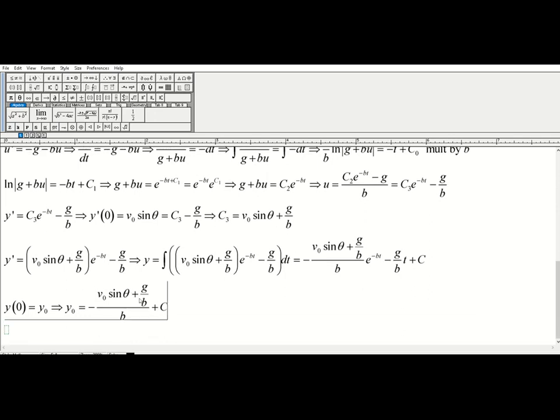We could definitely clean this up. So we're going to move this over and clean it up just a little bit. And C equals, I'm going to move these B's together, so I get y naught plus this thing divided by B. And then this thing over b, so that's going to be g over b squared.